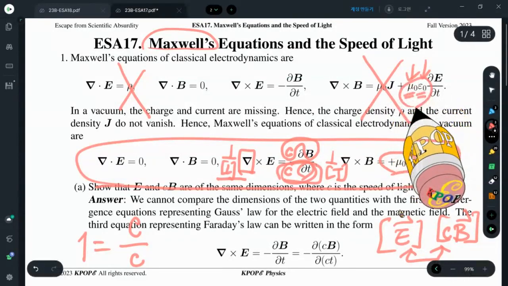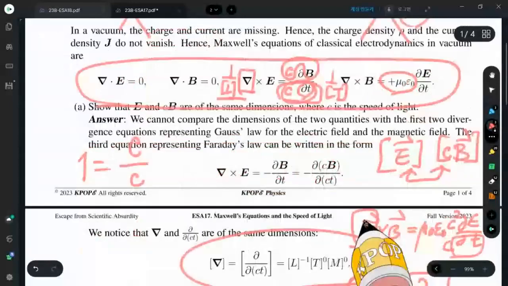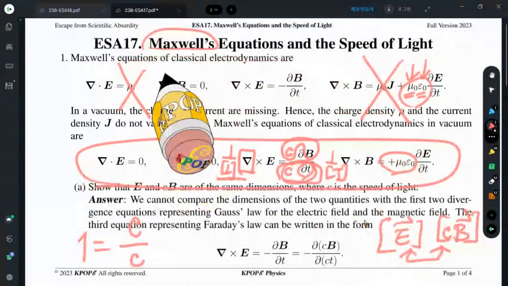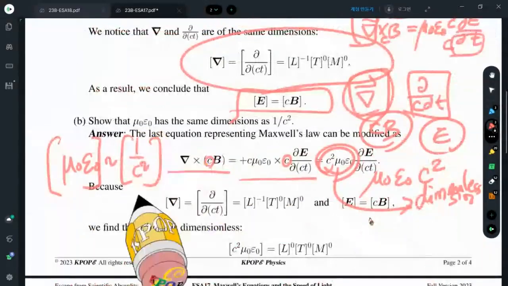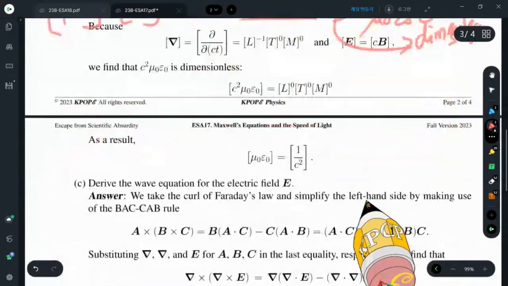He compared with this, and Maxwell was the first person in human history to notice that this product is approximately equal to 1 over C squared. And indeed, eventually it was found to be the fact.